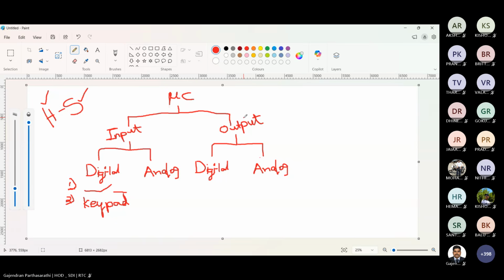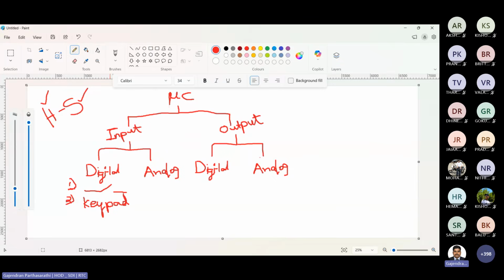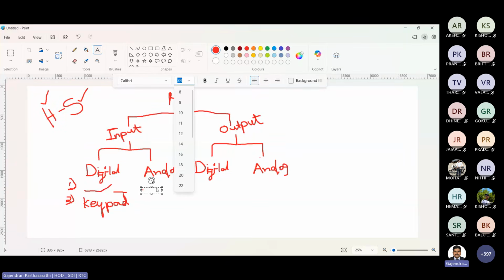Very good. Can you give me the analog? Your friend already said potentiometer. The example for the analog is the potentiometer. So let me take that example as the next one. Potentiometer.